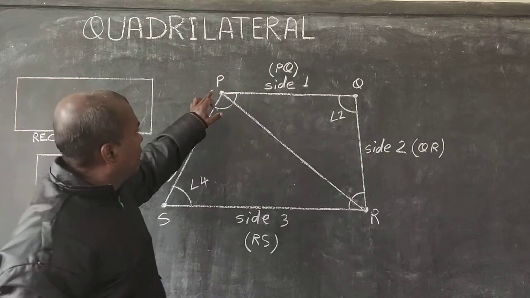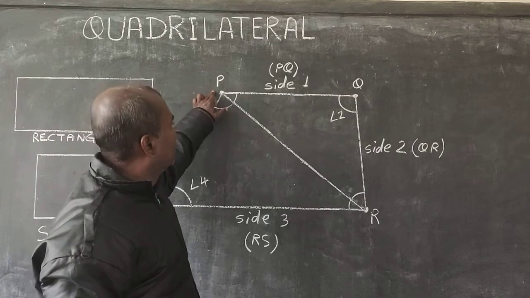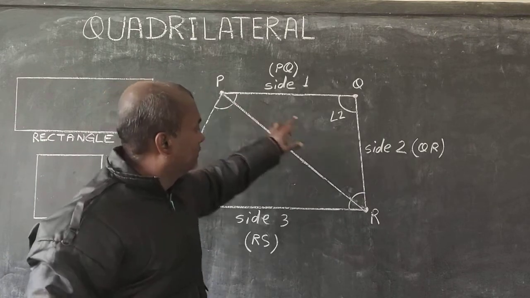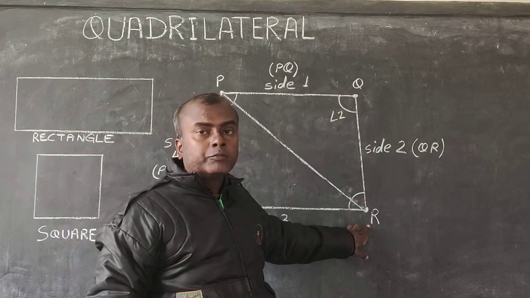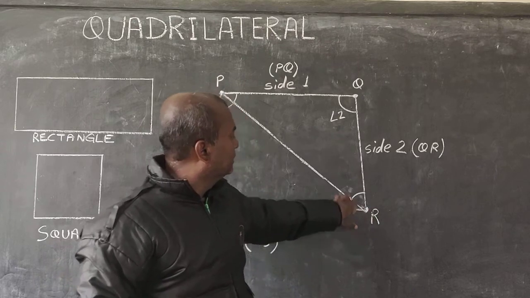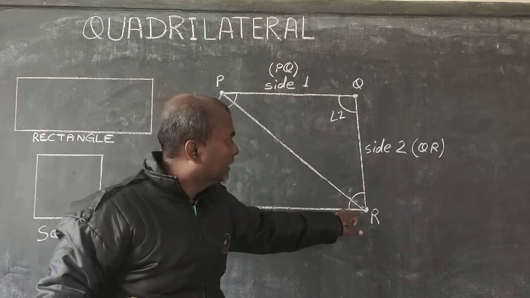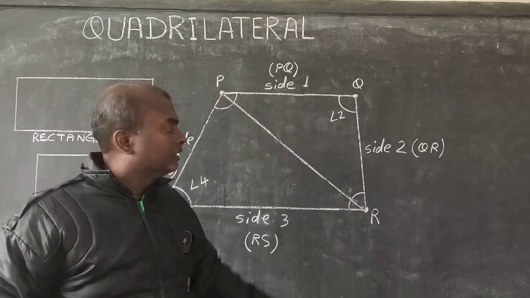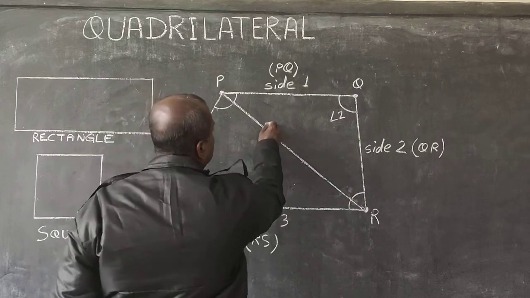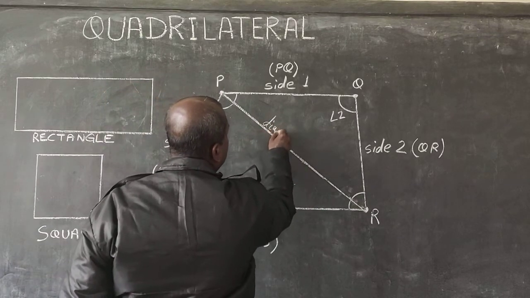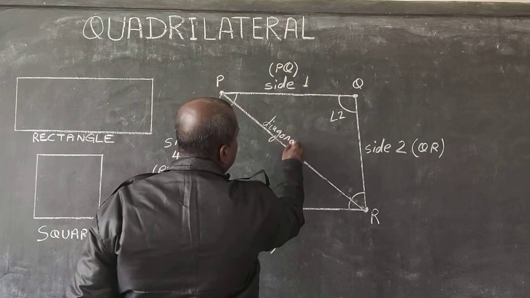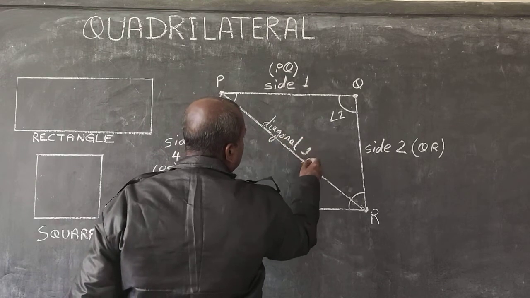But I am talking about not on the same side. So this is P, this is R. R is opposite of P. Okay, R vertex is opposite of P vertex. When you connect a line between them, then this line is called a diagonal. Okay. Diagonal 1. That's the name.